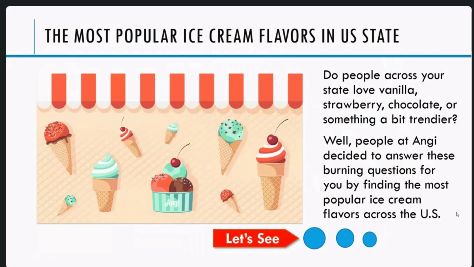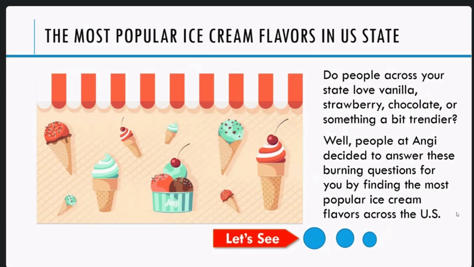They wondered how people love it. Do people across the states love vanilla, strawberry, chocolate, or something a bit trendier?